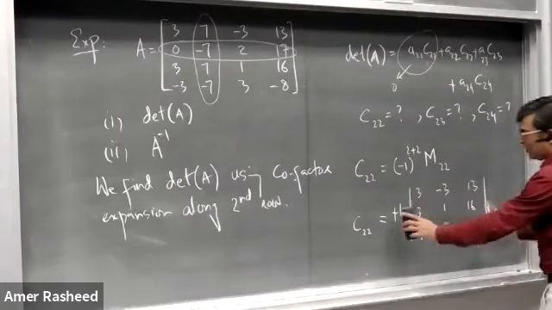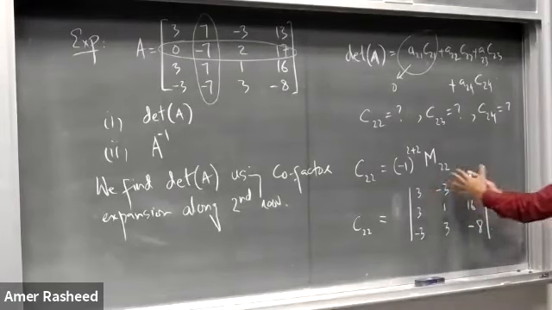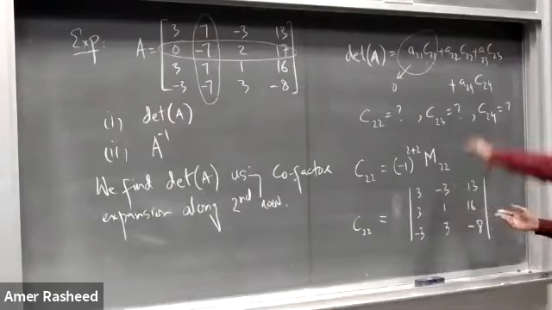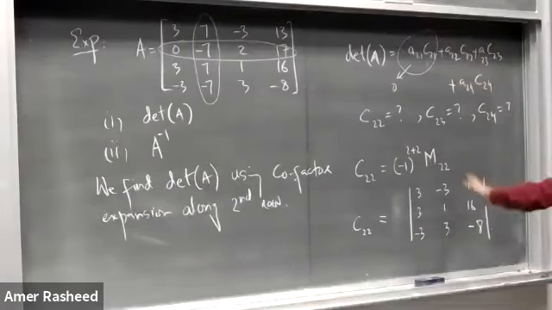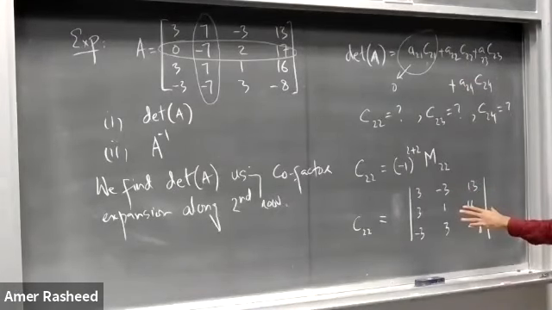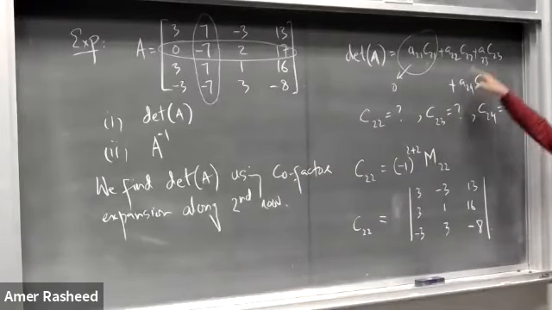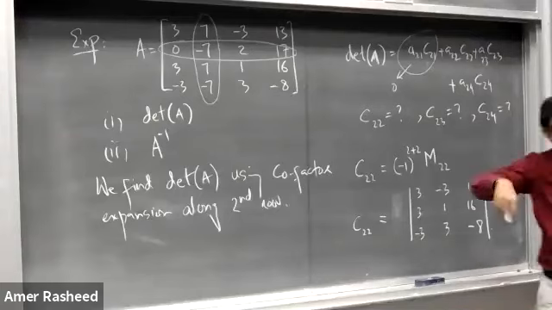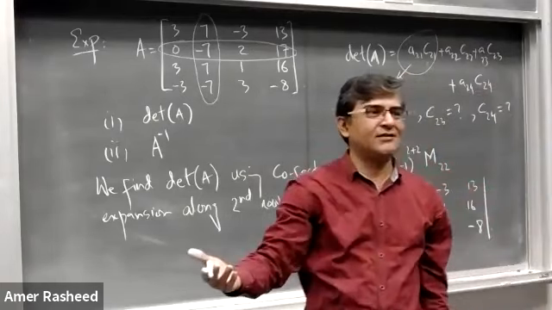Now, this is another question to you. You have to find the determinant of this 3 cross 3 matrix. The way we found the determinant of a 3 cross 3 matrix earlier, in the same way we will find this determinant by using cofactor expansion along any row or any column. Then we will calculate C23, which is another question of finding determinant of a 3 cross 3 matrix.